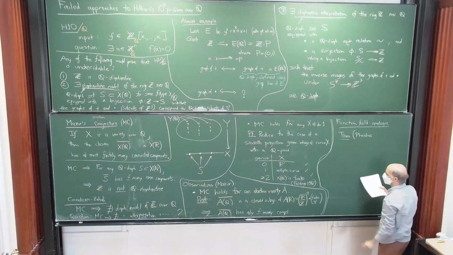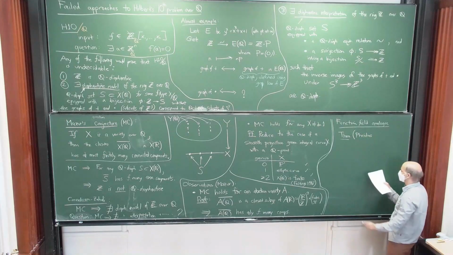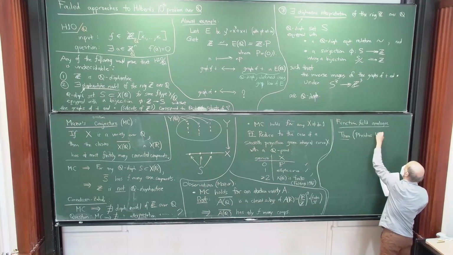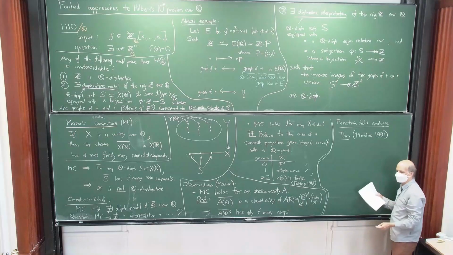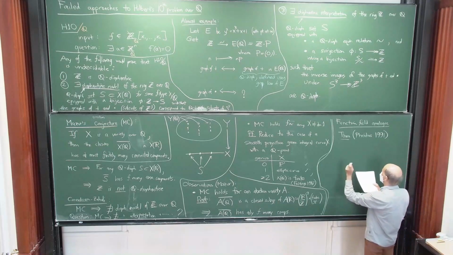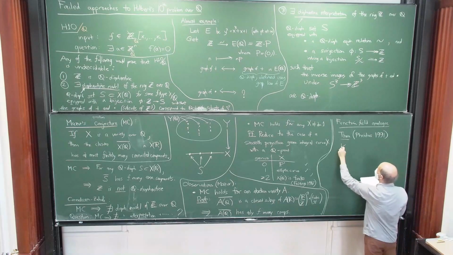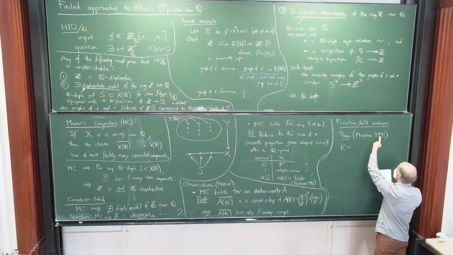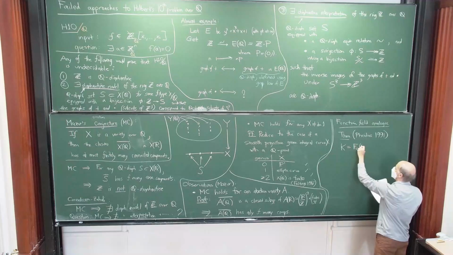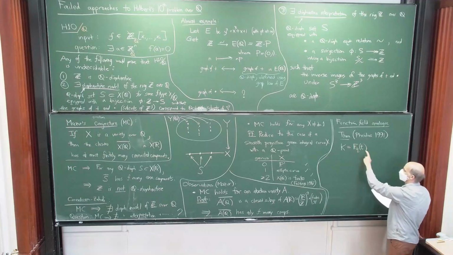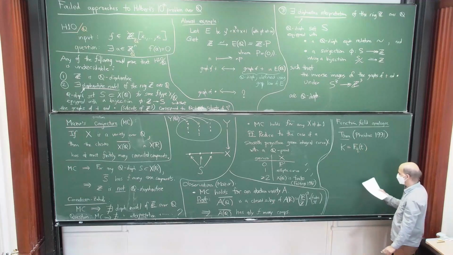These are finitely generated fields of transcendence degree 1 that are of characteristic p. So that means they're going to be transcendence degree 1 over a finite field.